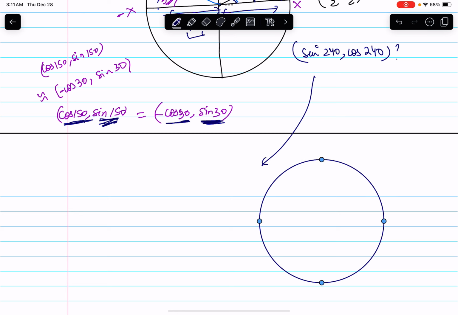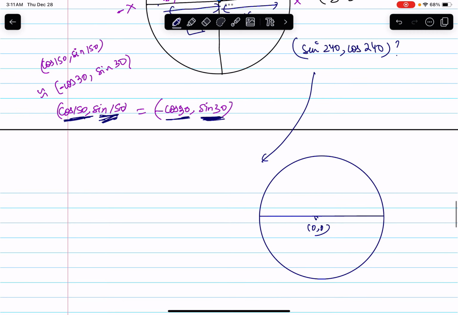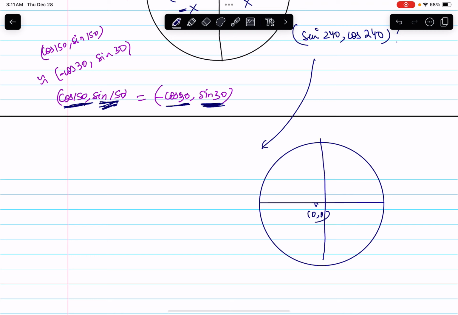So this is your unit circle over here. This we know is 0, 0, right? And in this case, I'm drawing the x and y axis over here. Okay, so this is y, negative y, x, negative x. And then let's say I draw 240. So this is approximately 240 degrees.